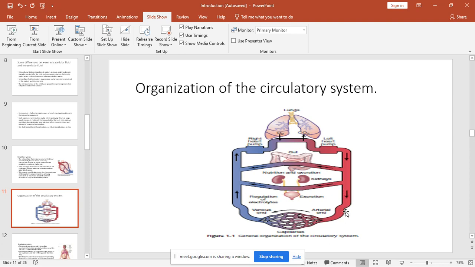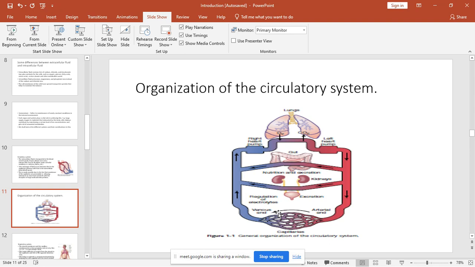But we also know that we gave an example that this blood may be supplied to muscle tissue, and when it reaches muscle tissues, there will be a network of capillaries. In this network of capillaries, this blood is going to supply important metabolites that the muscle cell cannot get on its own. An example would be the oxygen and the glucose. But at the same time, as it does that, it will also be taking away waste products of metabolism.